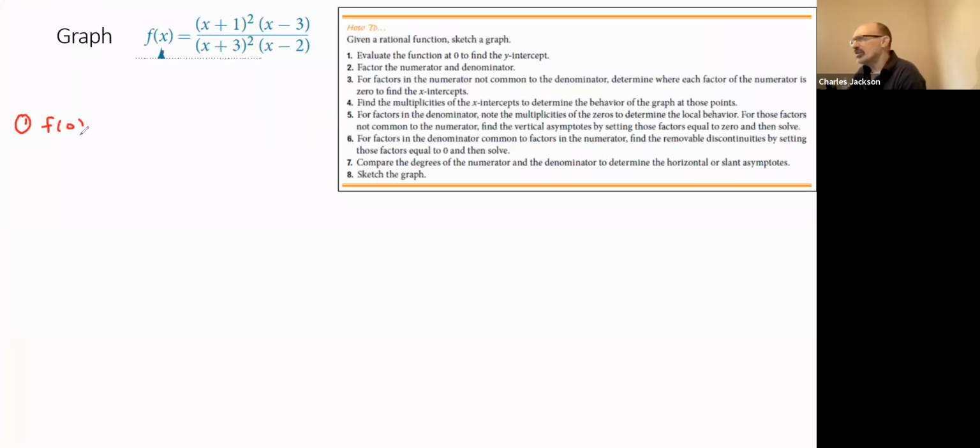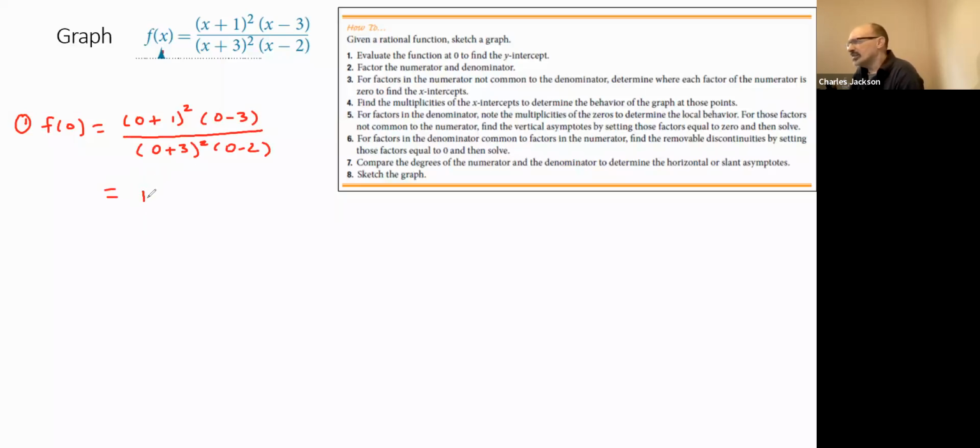Okay, f of 0, that's all this stuff. The square of 0 plus 1 times just the quantity 0 minus 3, all over the product of the square of 0 plus 3, just plugging in 0, and 0 minus 2. And what is that?